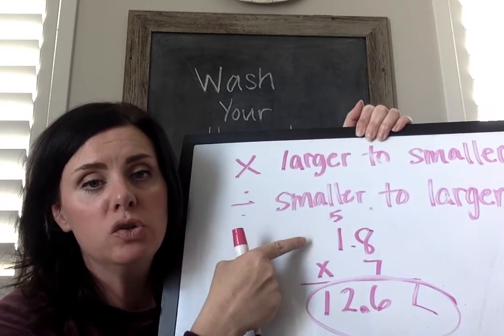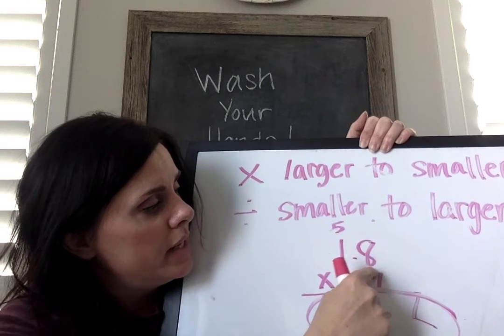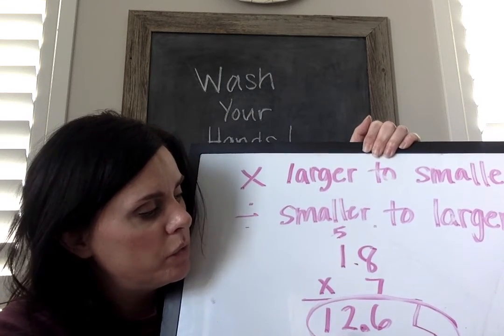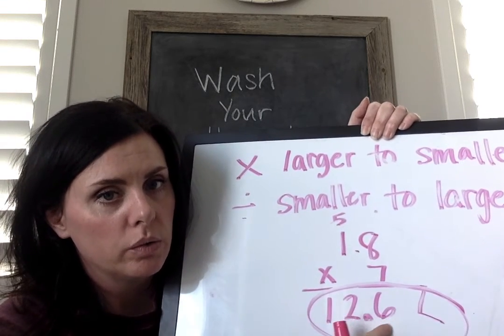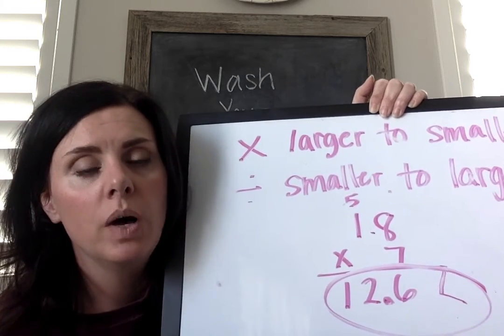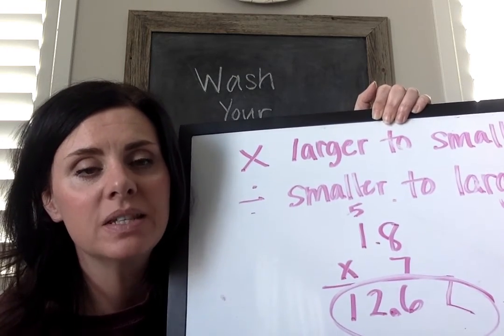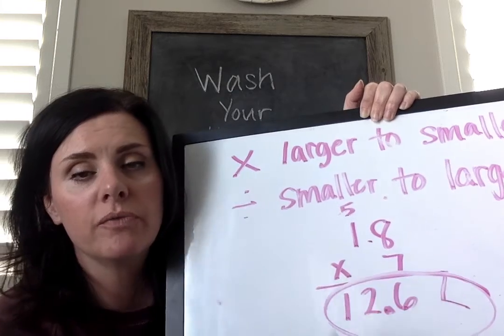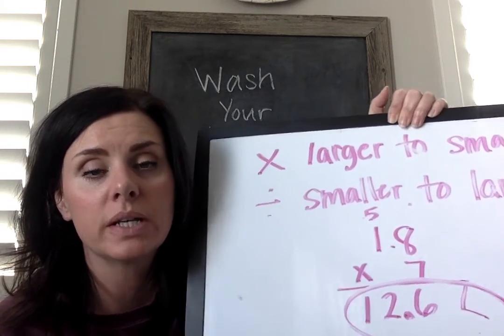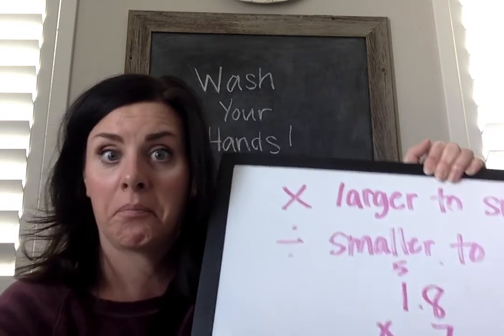Remember, we multiply as usual, and then we count how many numbers are behind a decimal, and that's where we move our decimal over down here. Right there. 12.6, 12 6/10 of a liter, because remember we converted it to liters. So that's how much she drinks every week.